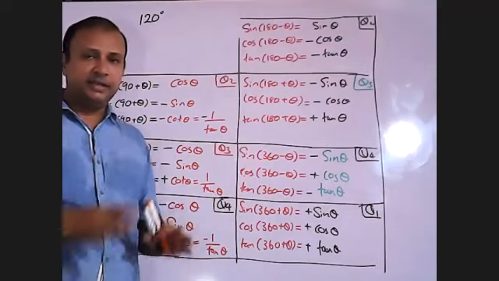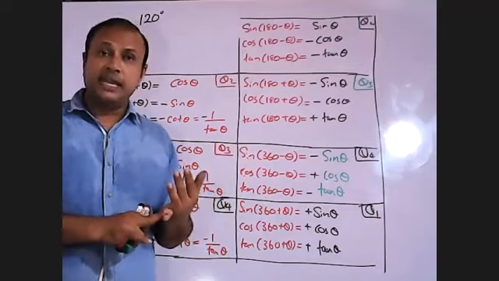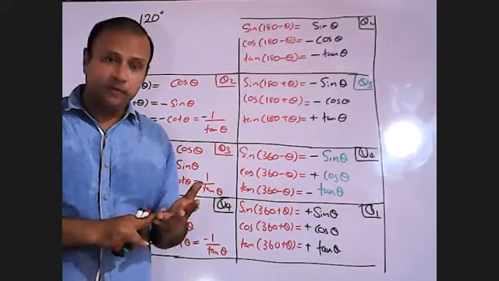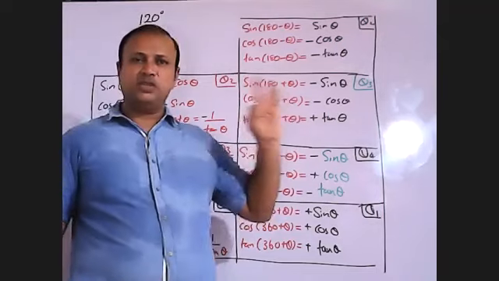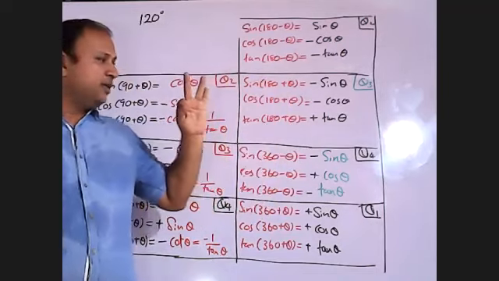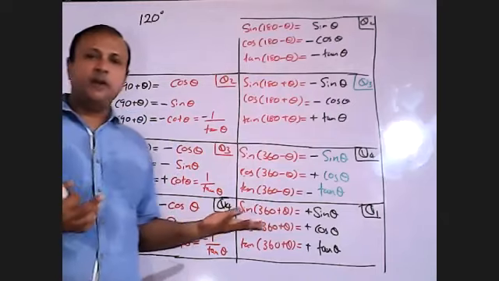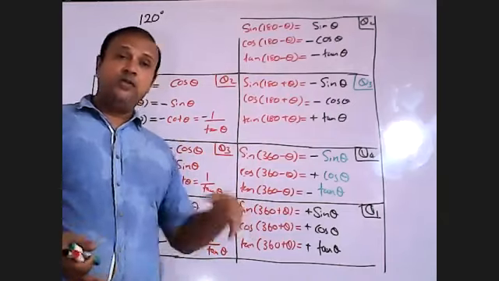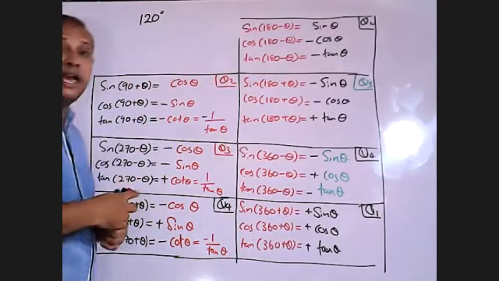I will explain that one later. But you have to remember the sine, cos, tan values of 30, 45, and 60, because those are our known values. From those values, we can determine some specific angles.